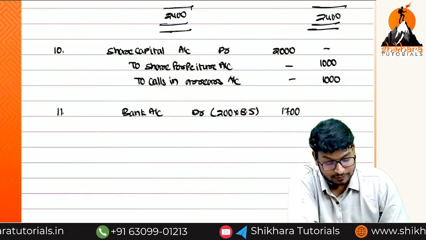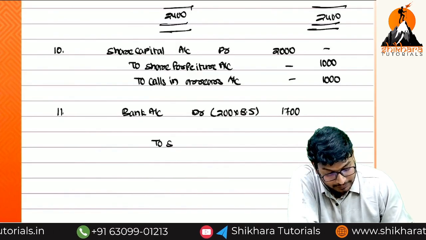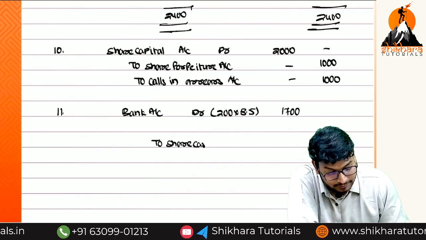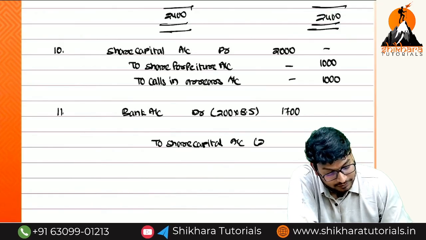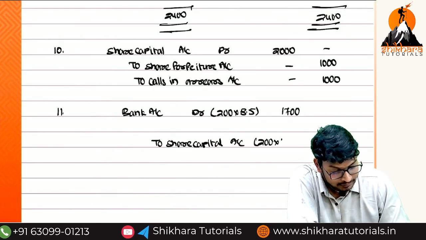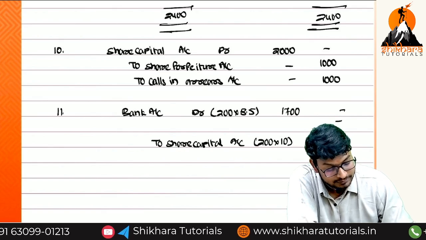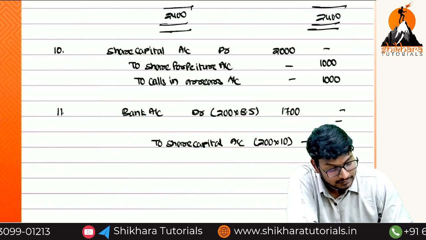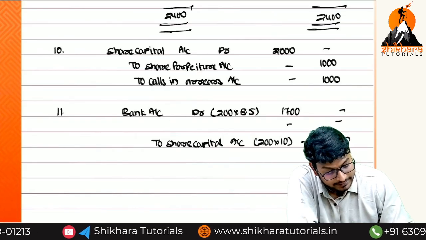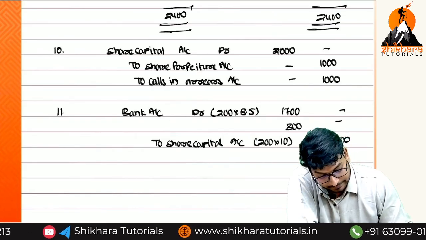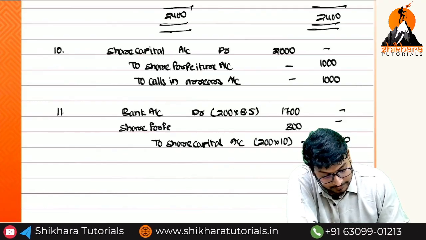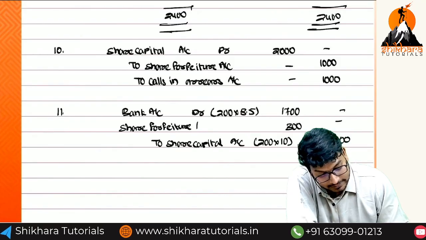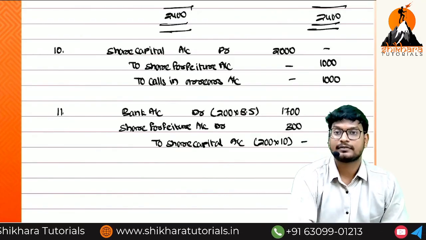1700. But while transferring to share capital, we have to transfer the face value. So what is the face value? 200 into 10, that is equal to 2000. That means the remaining 300 we have to transfer to which account? Share forfeiture account debit. Okay guys?